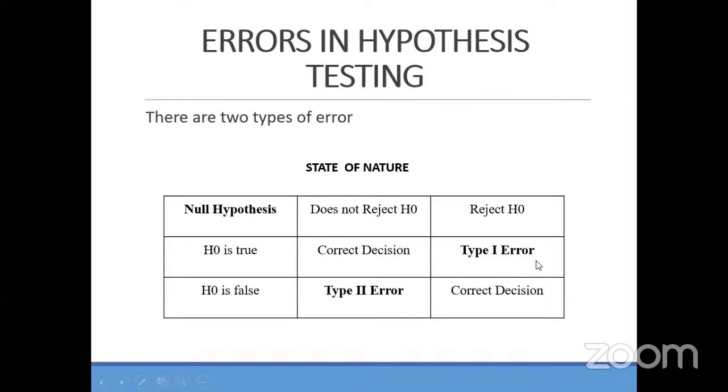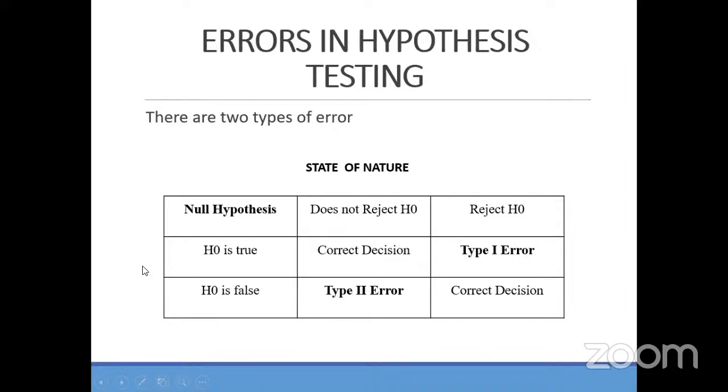It is your alpha. Similarly, if H naught is false and you do not reject it, it is a type 2 error. If it is true and you are rejecting, it is a type 1 error, right?